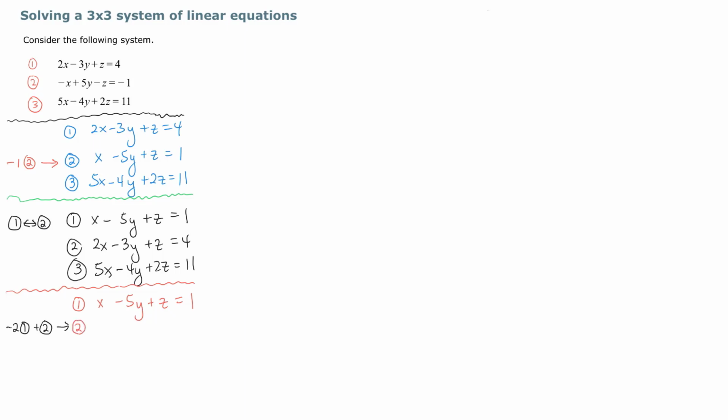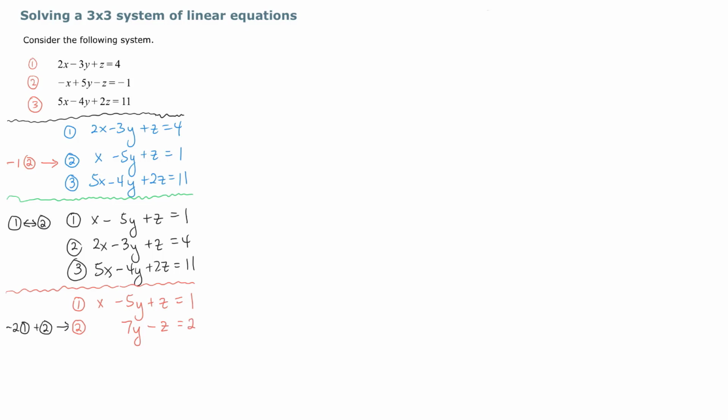If you do that, you get 0 times x, and we get 10y minus 3y, which is 7y. We also get negative 2z plus z, which is negative z. And we also get negative 2 add 4, which is positive 2.